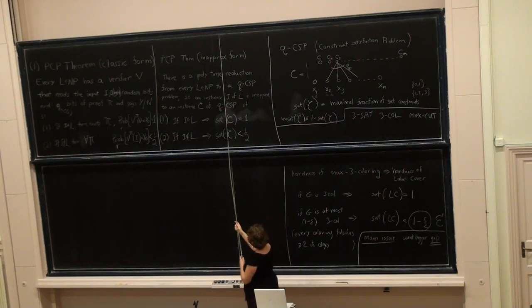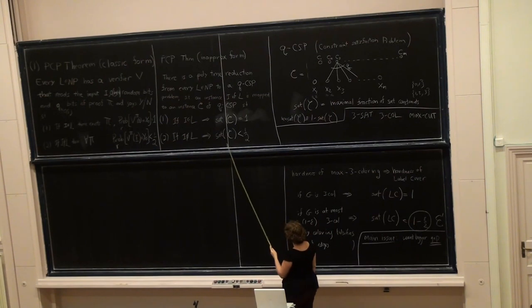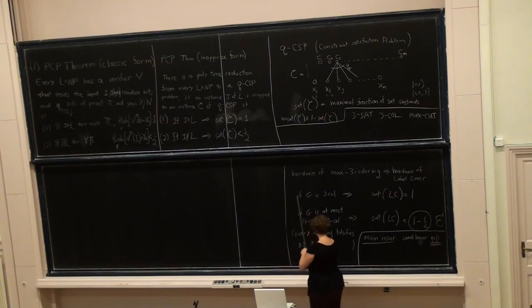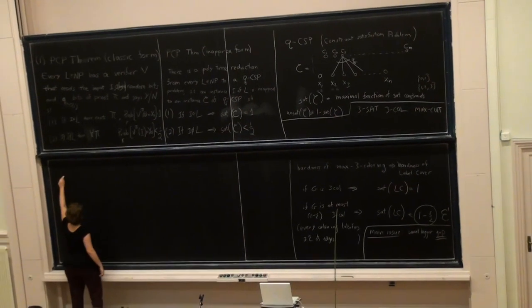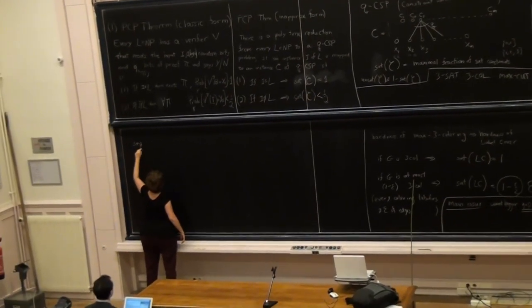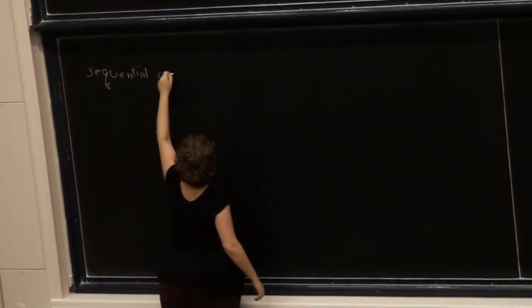And how would it look if we forget about this verifier notion and just look at an inapproximability result? Suppose we have such a reduction. Then I claim we can just take this instance C and convert it into a new instance, which we will call C to the L. So we just convert, let's call it sequential repetition.